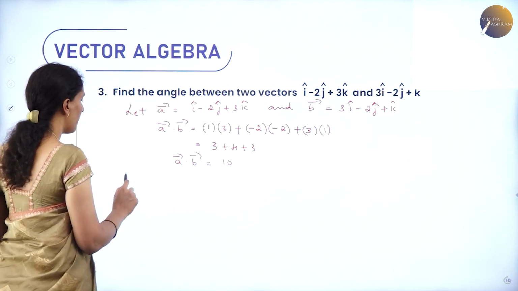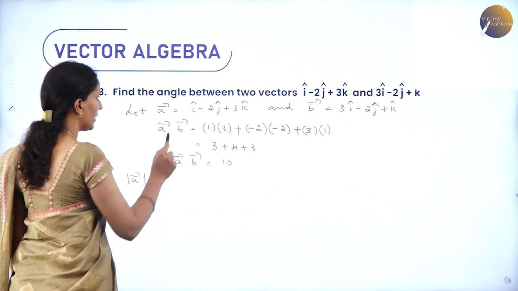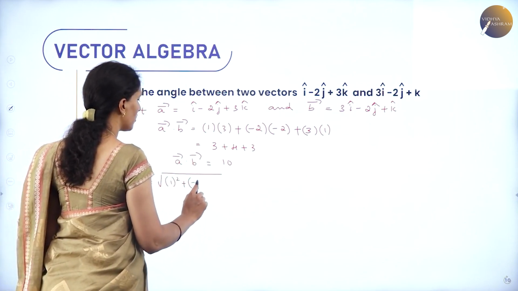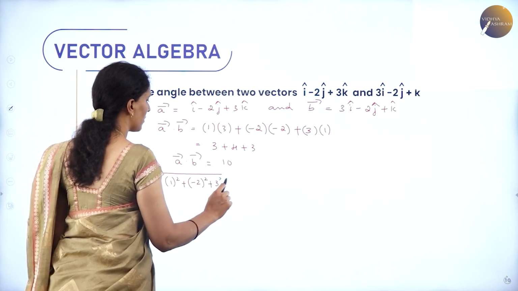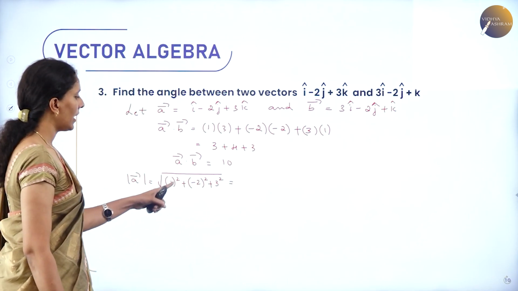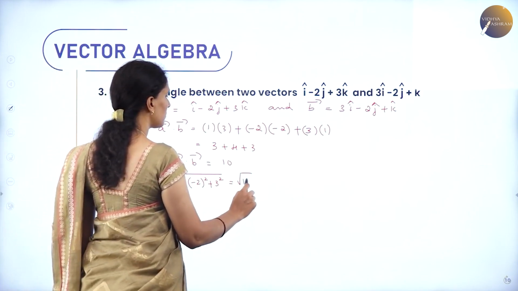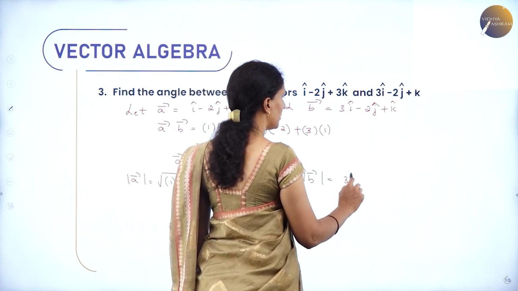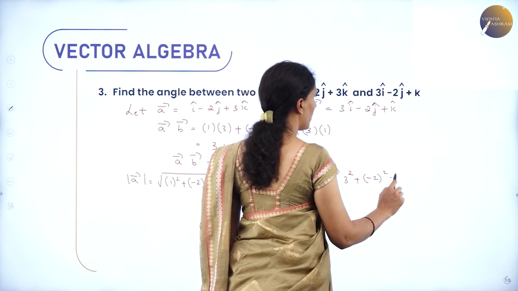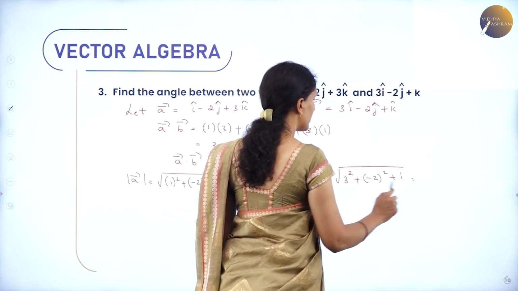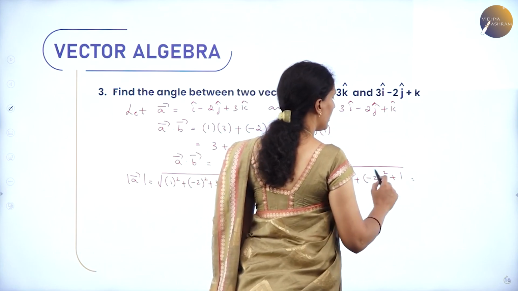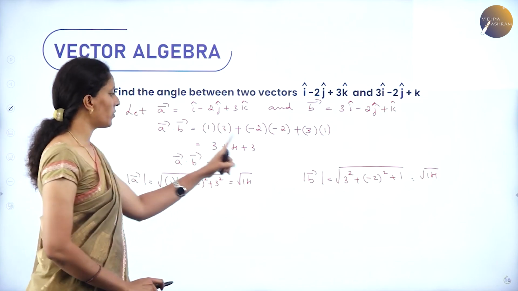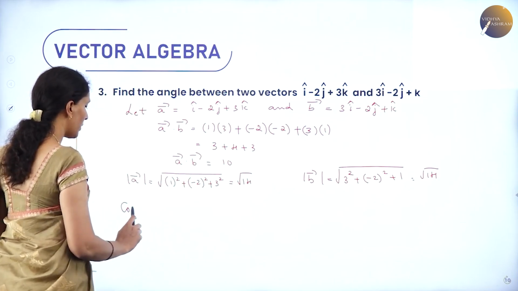Now, let's find the magnitude of vector A. The magnitude of vector A is the square root of 1 square plus minus 2 whole square plus 3 square, which is 1 plus 4 plus 9, that is root 14. Next, we calculate the magnitude of vector B, which is 3 square plus minus 2 square plus 1 square. Again it is 9 plus 4 plus 1, root 14. Now we have A dot B as well as magnitude A and magnitude B. So, what is the angle between the two vectors?